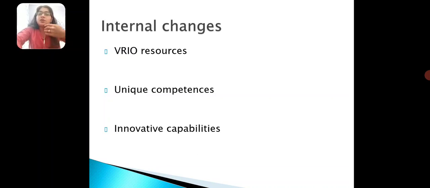So your internal resources are so good that you are able to create an edge. Maybe your research base is so strong, or the technology that you have discovered on your own is so strong, or the management, your employees, the organization structure, your vision, mission, and internal policies are so strong that you are creating an edge in the market because of that.